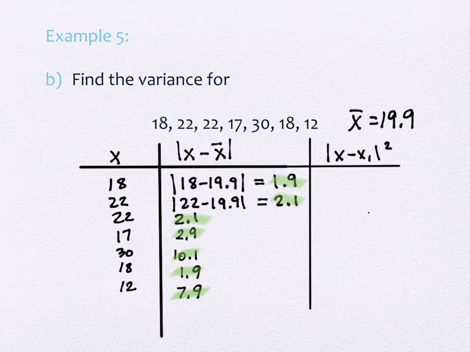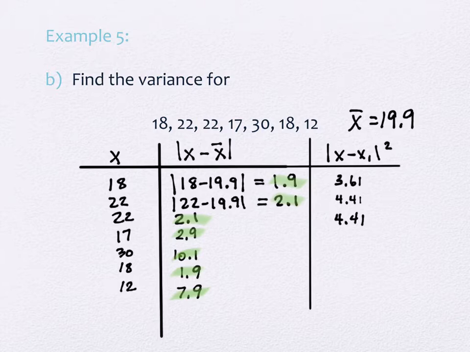So the first one is 3.61. The next one is 4.41. And there are 2 of these that are the 2.1s in a row, if I remember. Yep. I have another 4.41.